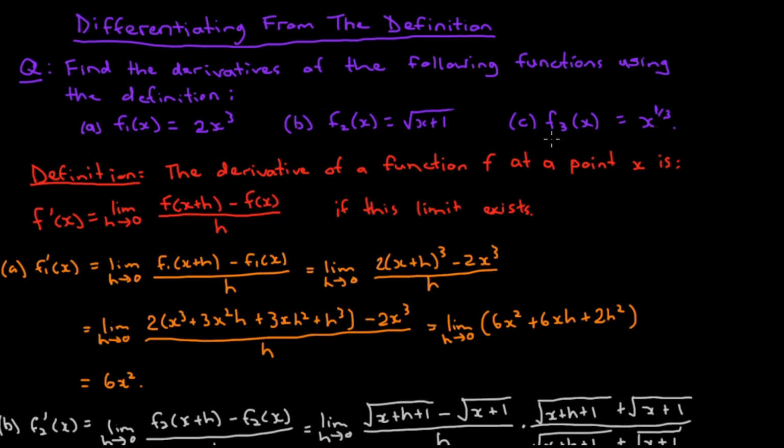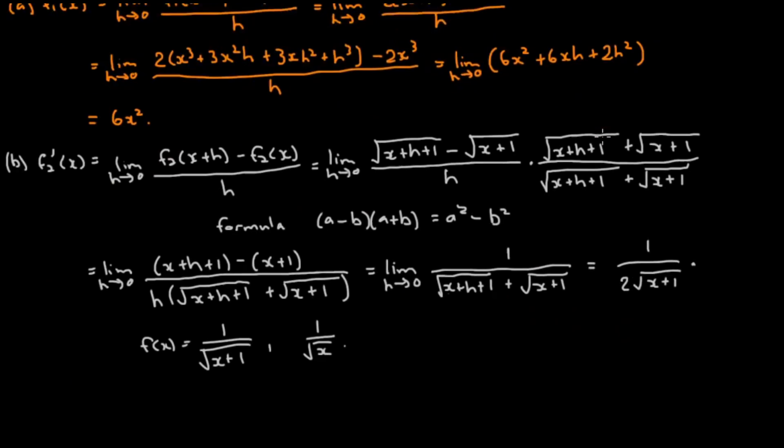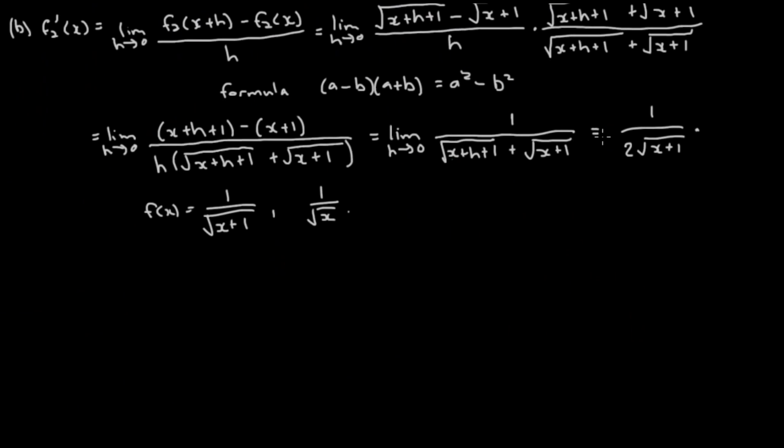We have f3 of x equals x to the 1/3. So its derivative, f3 dashed of x, equals the limit as h approaches 0 of f3 of x plus h minus f3 of x all over h.